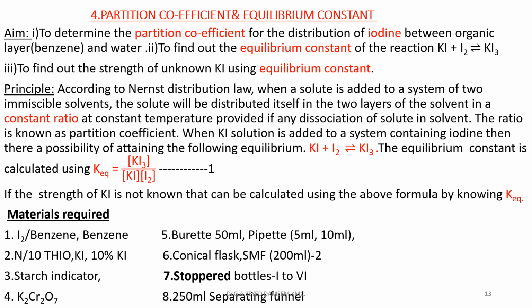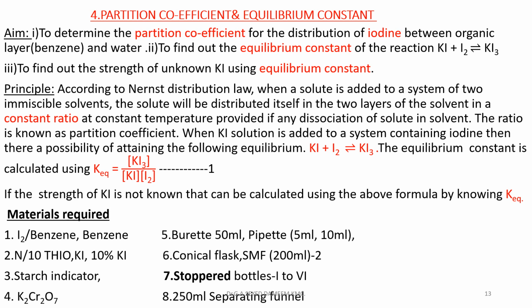The principle of this experiment is the Nernst distribution law. According to the Nernst distribution law, when a solute is added to a system of two immiscible solvents, the solute will distribute itself between the two layers of solvent in a constant ratio at constant temperature, provided there is no dissociation or association of the solute in either solvent.